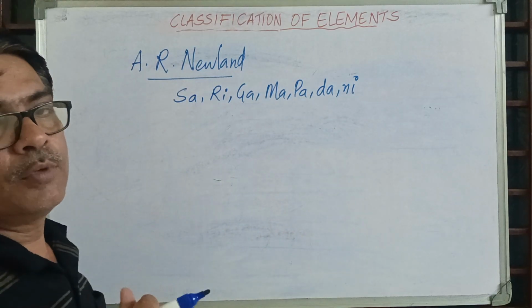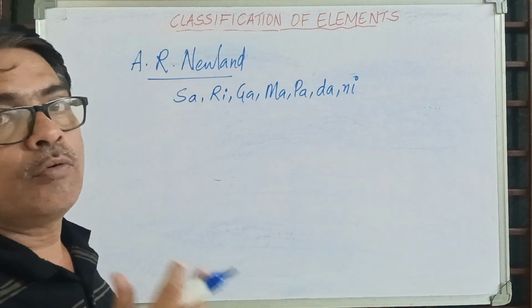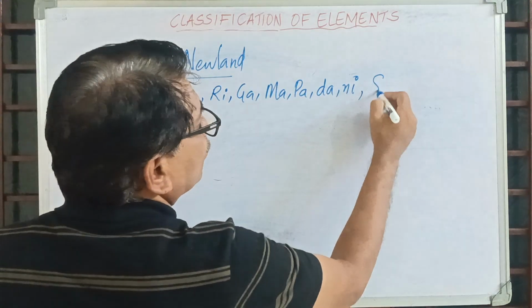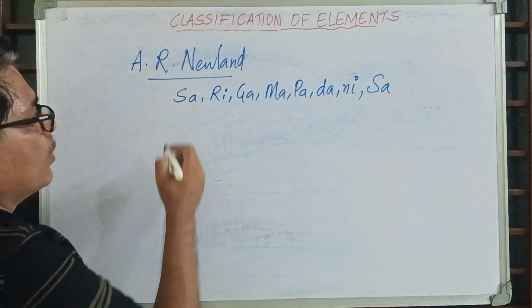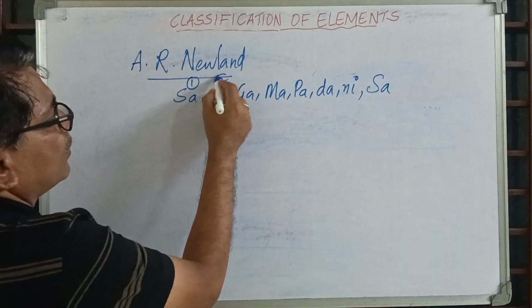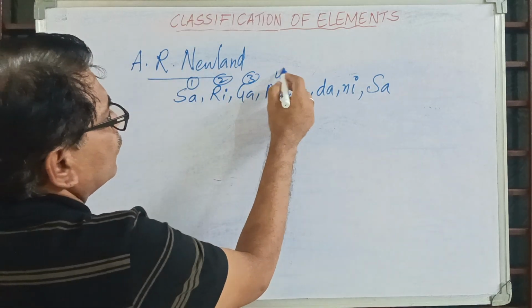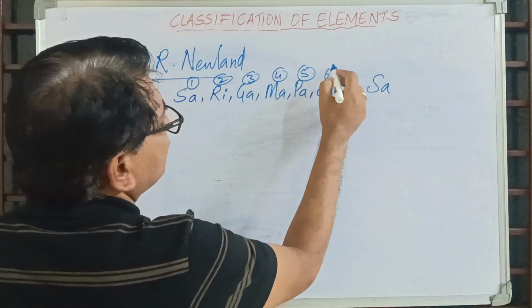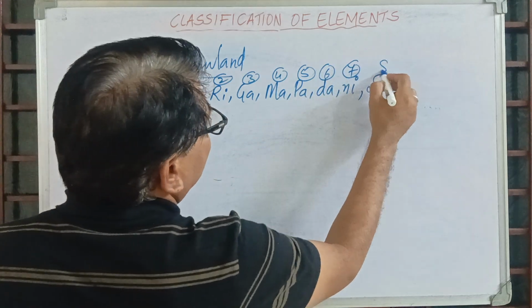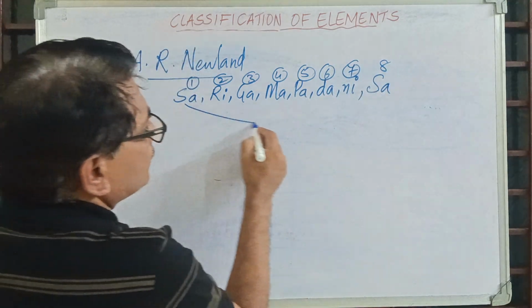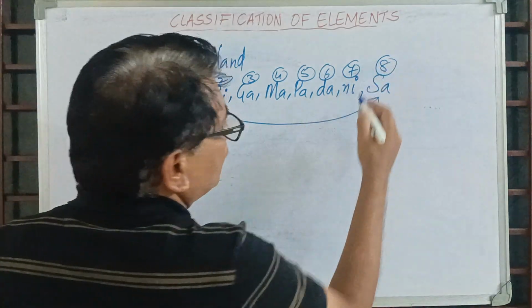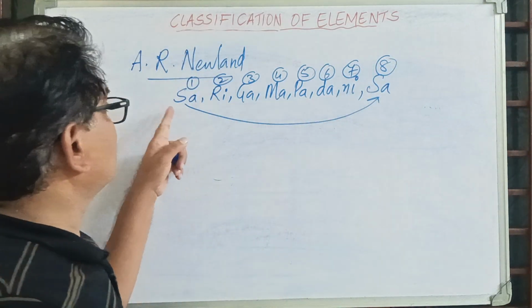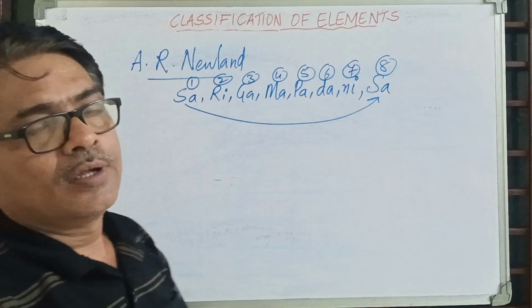They are just 7 musical notes, but we don't stop. If you give the numbering 1, 2, 3, 4, 5, 6, 7 and 8, the 8th one is a sort of repetition, because Sa is repeated.